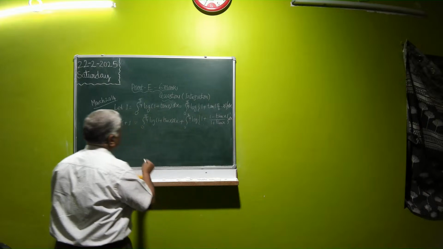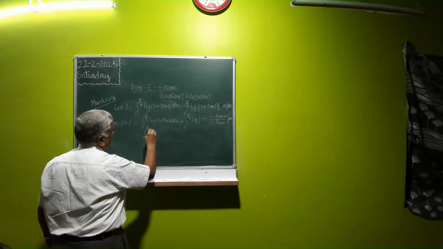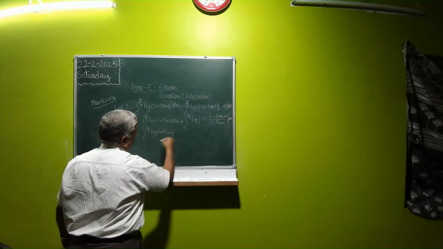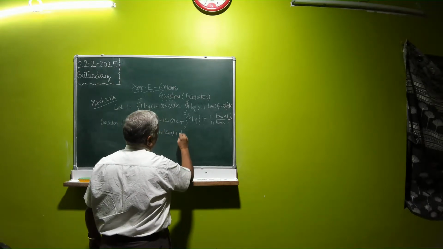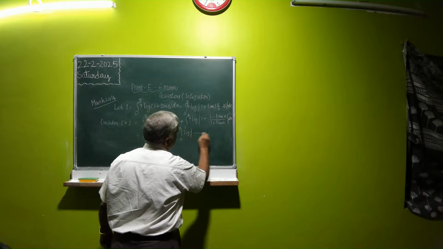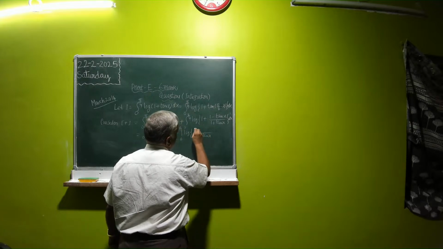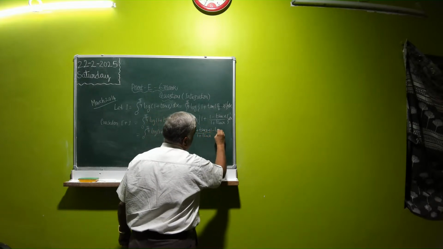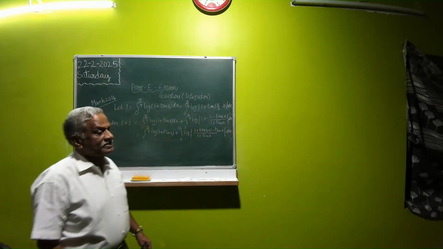The next step: this is equal to the integral from 0 to pi by 4 of log of (1 plus tan x), plus the integral from 0 to pi by 4 of log of, you take the LCM. The LCM is 1 plus tan x. What do you get? 1 plus tan x plus 1 minus tan x. Algebra, we are taking the LCM.